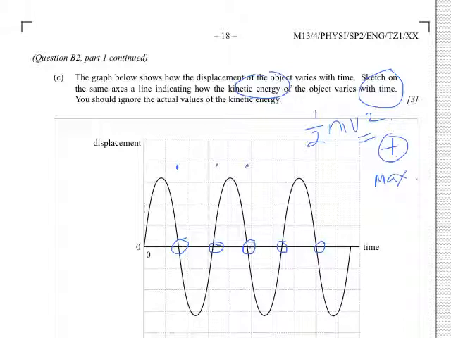Okay, similarly, we can find the points where kinetic energy is going to be at a minimum by working out where v is 0. So if we look at the gradients, we can see that here the velocities are 0 because the gradients are 0. So we have some points there, there, and there where we're going to have naught. So what we have to do now is, in the same way it's a curve, we have to follow. I'm going to try and do this, which is tricky with this app.